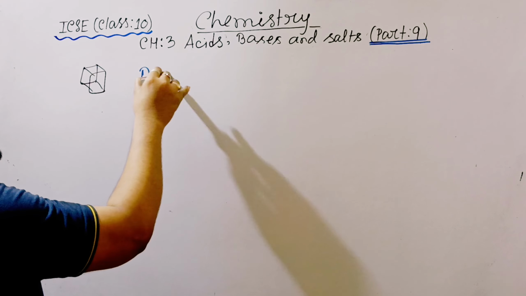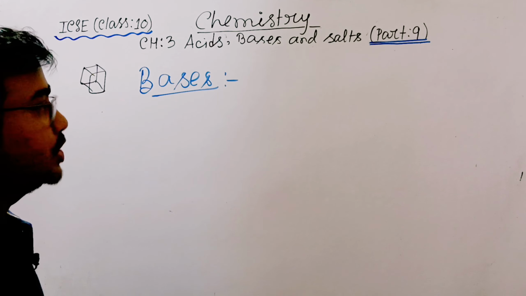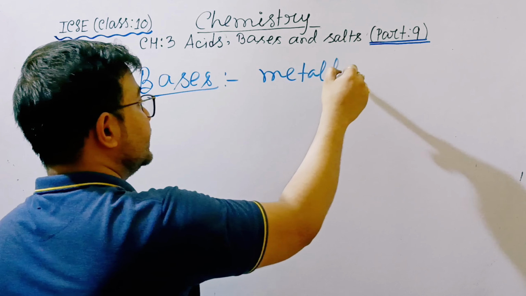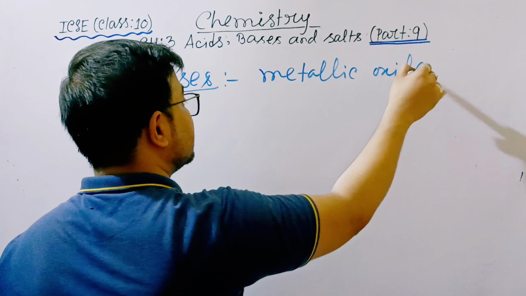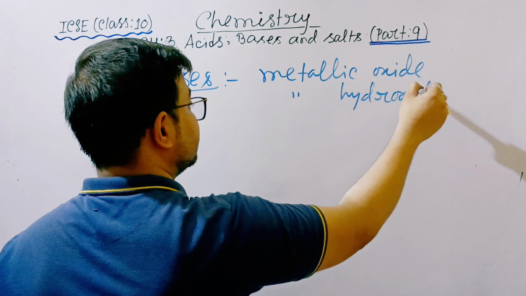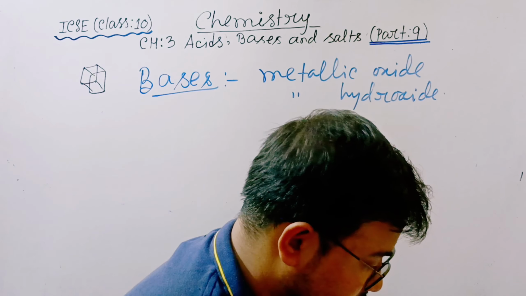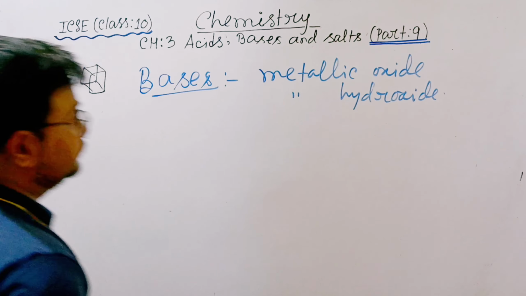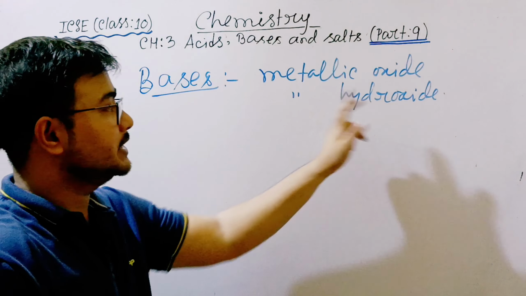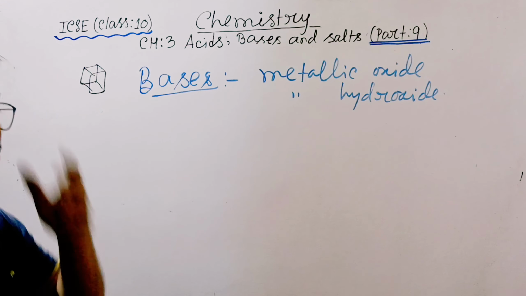Whenever I define the term base, in the definition of bases we have keywords: metallic oxide, metallic hydroxide. Now in base, metallic oxide, metallic hydroxide and ammonium hydroxide are there, but I don't consider it. Now tell me, what is alkali?